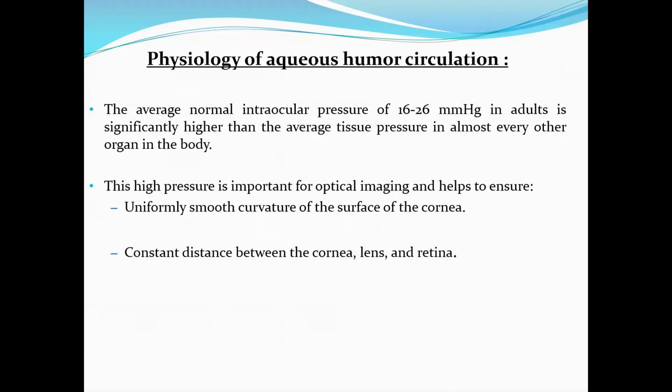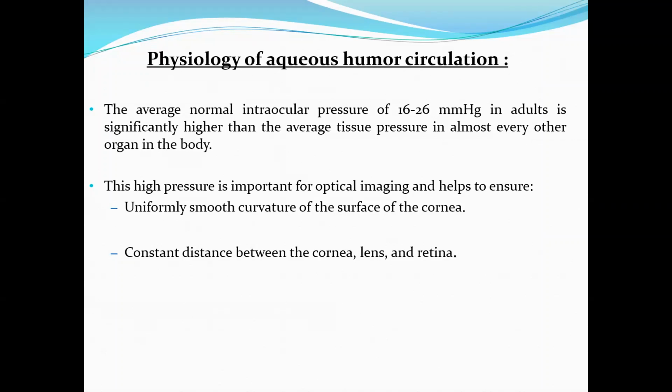Physiology of aqueous humor circulation. Aqueous humor is produced from plasma by the ciliary epithelium of the ciliary body, pars plicata, using a combination of active and passive secretion.